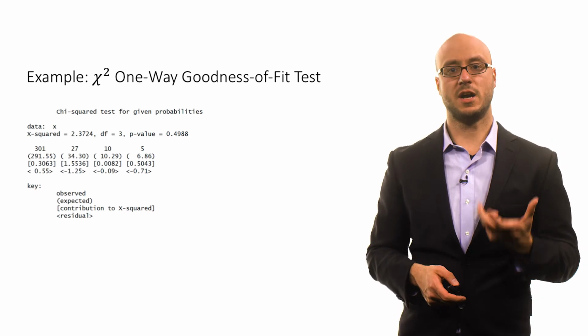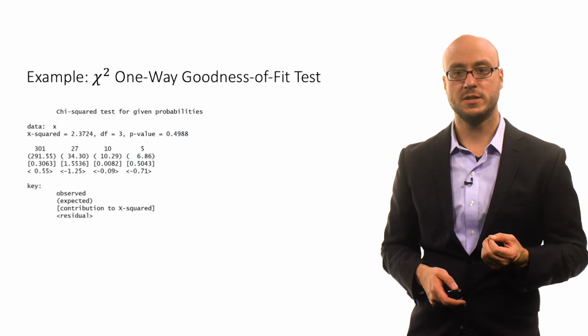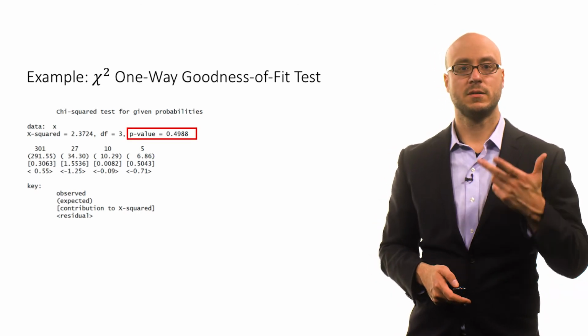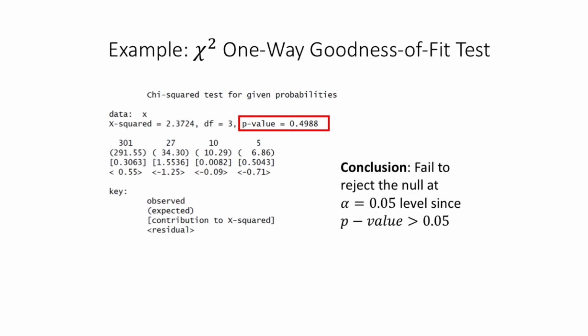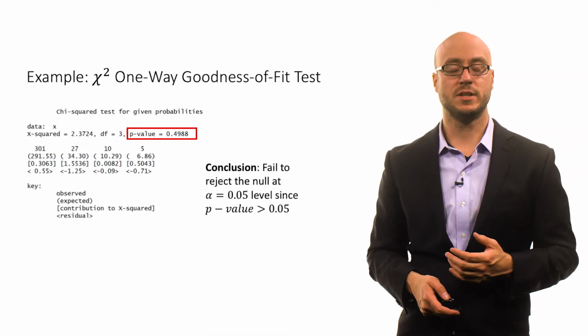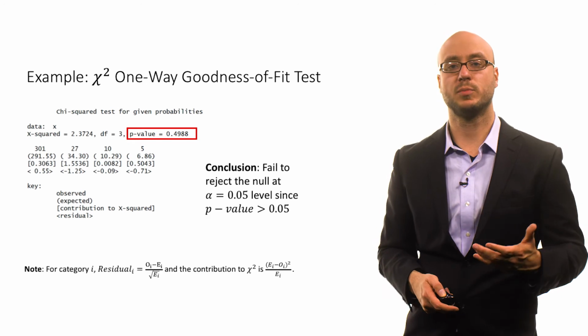So we're going to use statistical software to interpret the chi-square one-way goodness of fit test. In this particular instance, when somebody's making a claim about a given population distribution, we get a p-value of 0.5. So we fail to reject the null at the alpha 0.05 level. We could also use the chi-square test statistic and interpret that.